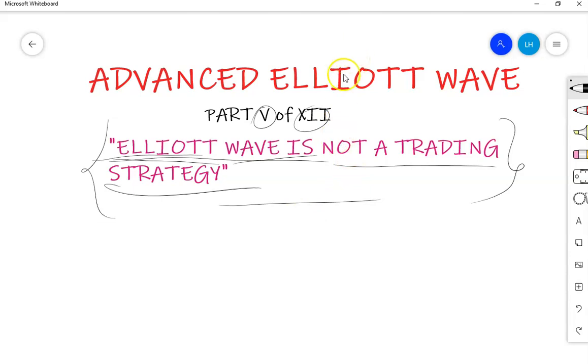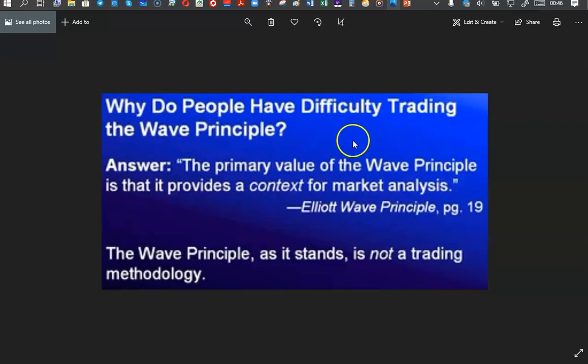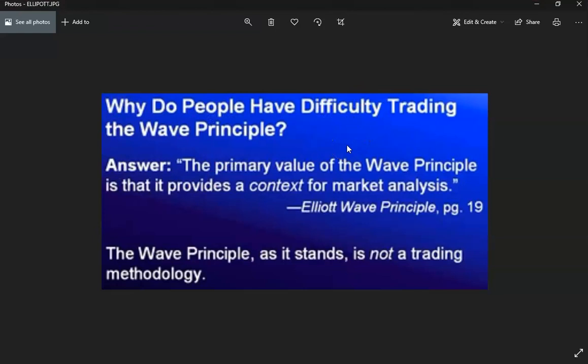Saying that Elliott Wave is not a trading strategy is not just my say. For those who have joined Elliott Wave International, I'm sure they have already met with Jeffrey Kennedy, one of the major Elliott Wave practitioners, who gives out trainings through Elliott Wave International.